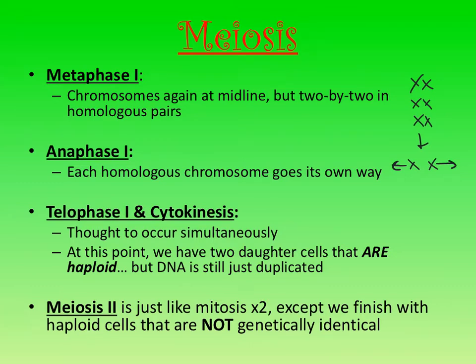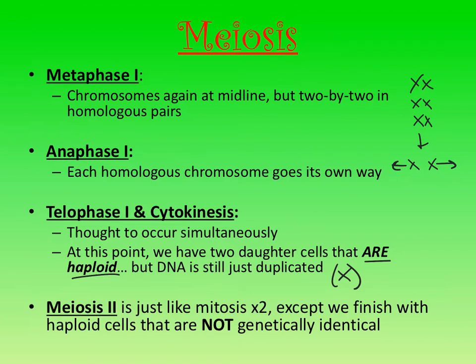Telophase and cytokinesis, we split into 2 cells. Realize that at this point, we've got 2 daughter cells that are haploid, technically, but we just still have duplicated DNA. All right, so we need to break those in half before we really have the right count of chromosomes.